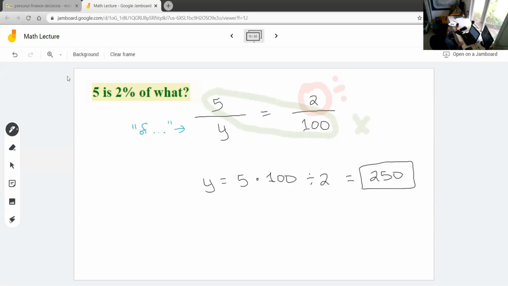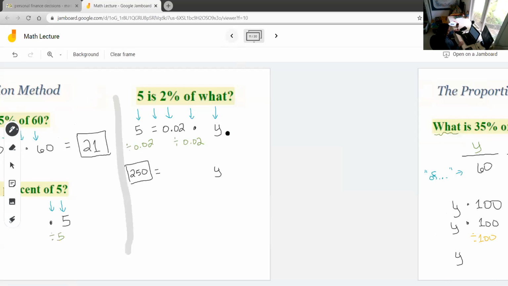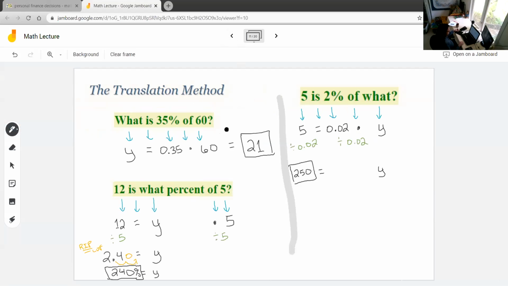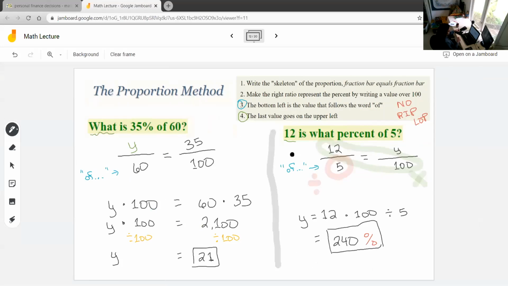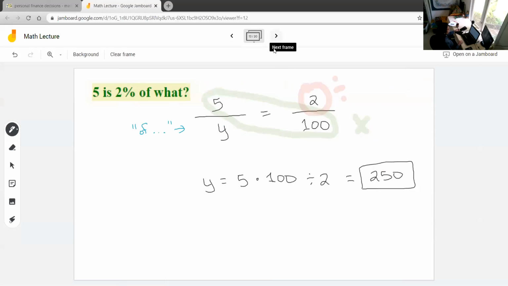In general, the proportion method takes a little bit more writing than the translate method. It wasn't too hard to fit 3 of them on the slide and have some room left over, whereas here I had trouble just fitting 2 of them. So there is a little bit more writing, but if you like cross multiplying, here you go, cross multiply.